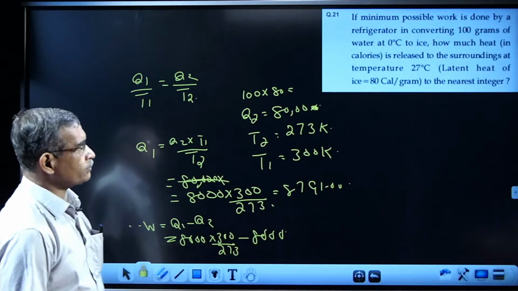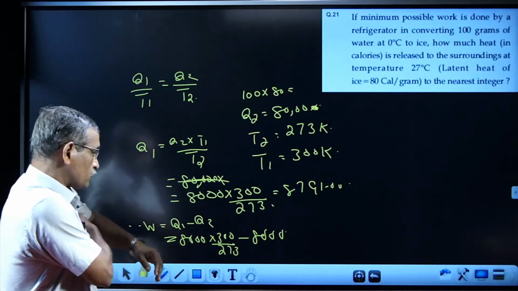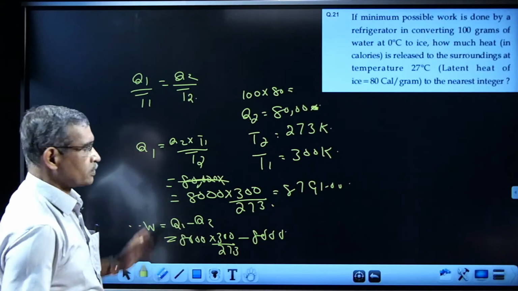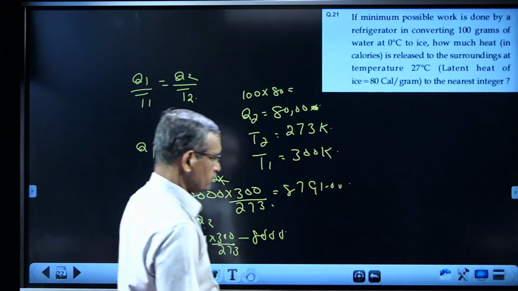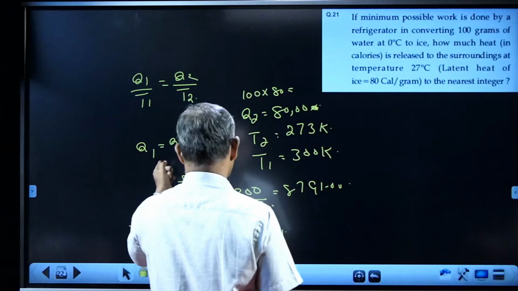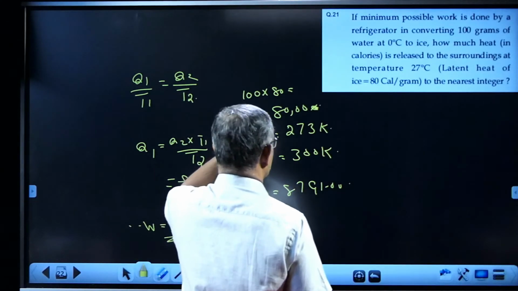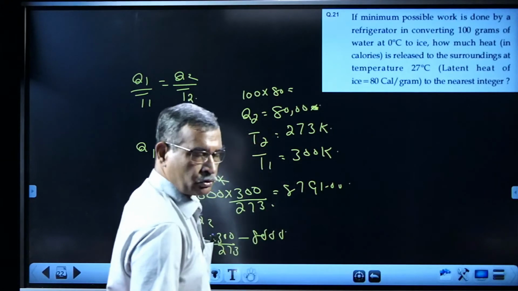That is the heat absorbed, and the work done is given by the Q1 minus Q2 difference, get the answer. This is the heat rejected and heat absorbed.